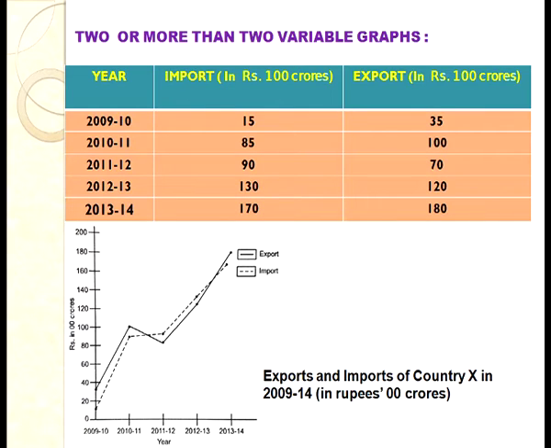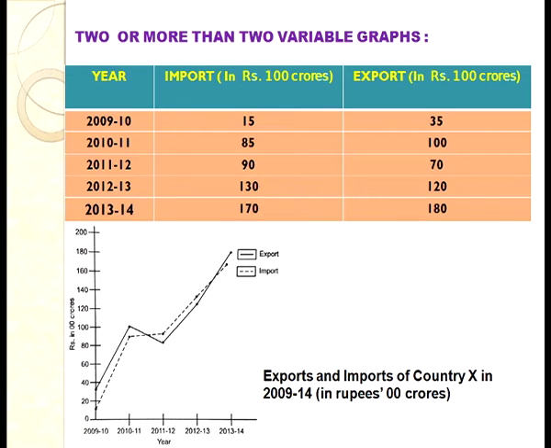Now let's see. As we can see, on the y-axis we have plotted imports and exports. On the x-axis we have labeled year. The very first thing is that we have to label the diagram first. Then we are going to draw it. First we are going to draw import for the years and then we are going to draw export for the years. Let's start with the import.